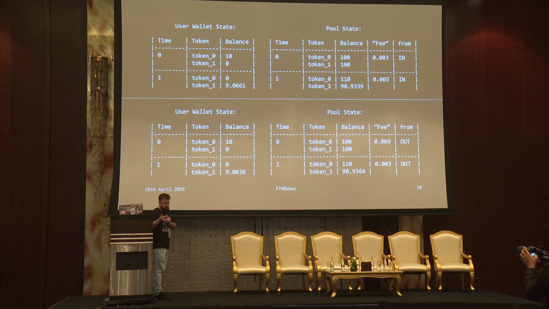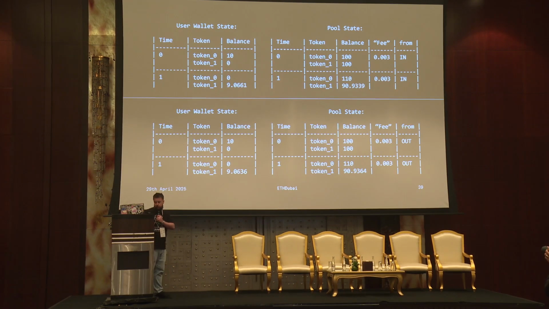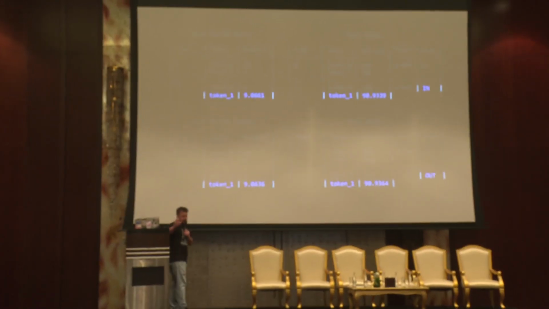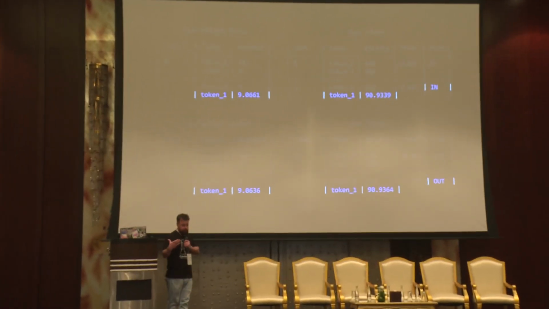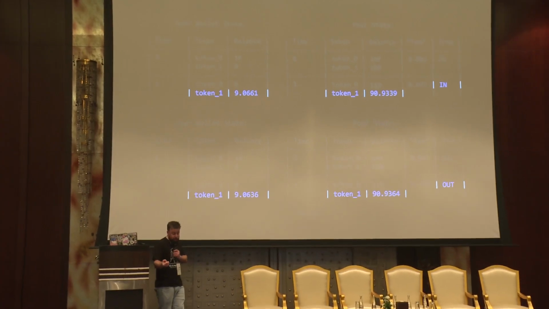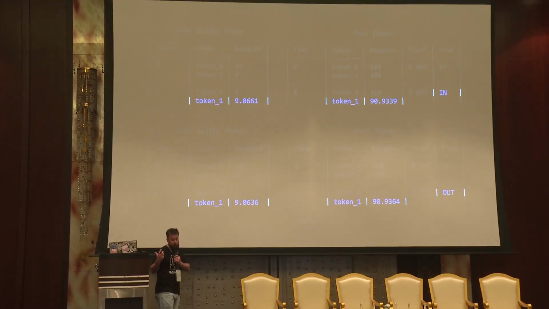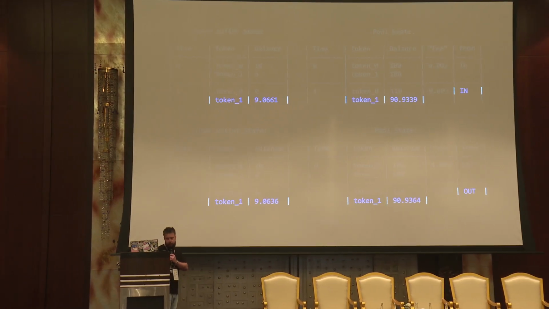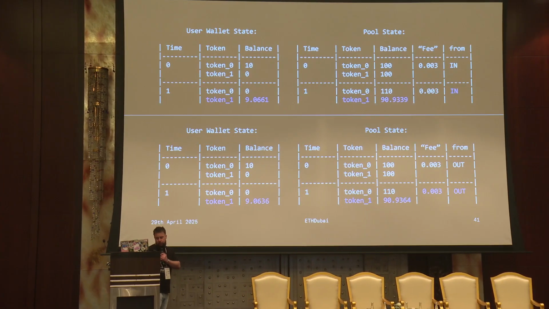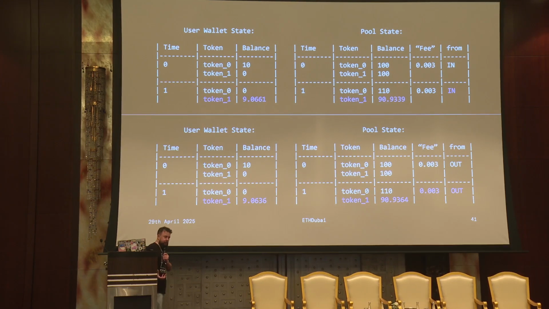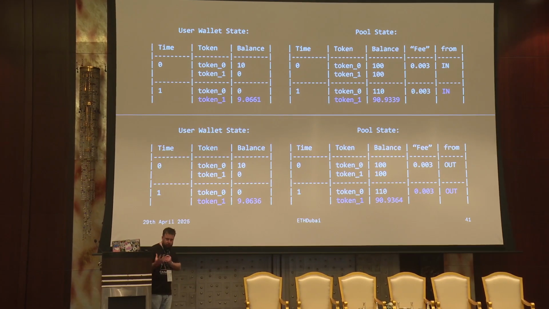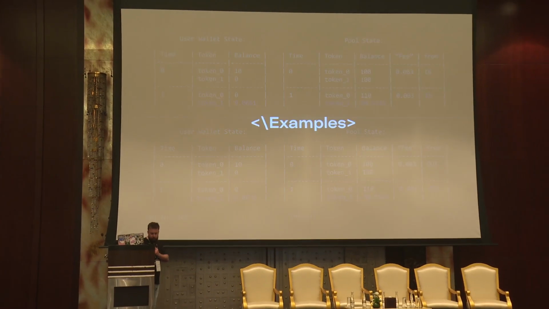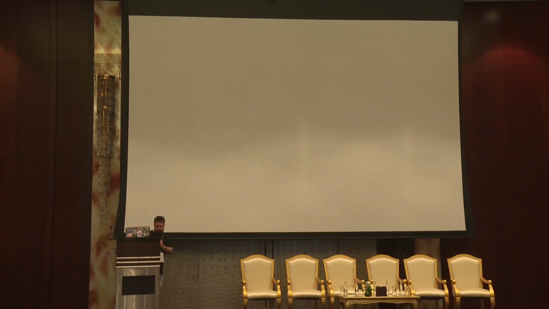So if we compare, for example, the user state in the fee from amount in to the fee from amount out, what you'll see is that in the fee from amount in, they were given 9.066 tokens, whereas in the fee from amount out, they were only given 9.063 tokens, or 4 if you're rounding up. So they get a slightly better deal in the fee from amount in, which makes it seem like it's a better deal, right? Maybe this is the model that we should be adopting everywhere. But there are some problems with it, and I'm going to show you that in just a few slides.